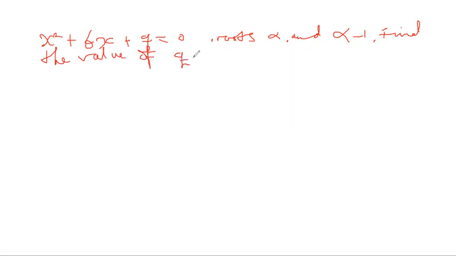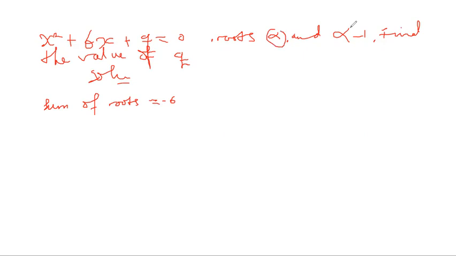Okay, so what did we say the sum of roots is equal to? The sum of roots is equal to negative 6. So here we are going to add alpha.